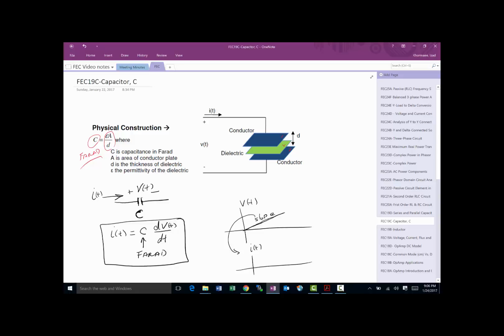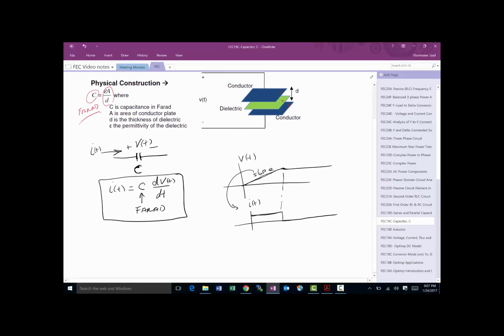So as long as the slope is constant, you're going to get a constant current coming in. Now, if voltage stops changing, then at that point the current will go to zero. So as this equation is showing, the rate of change of voltage is what drives the current.